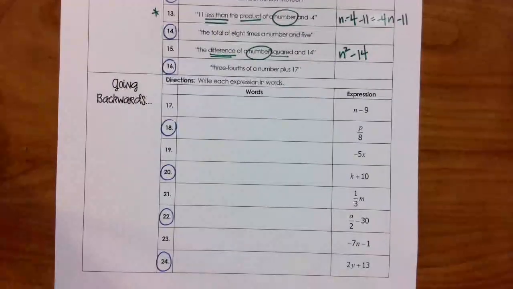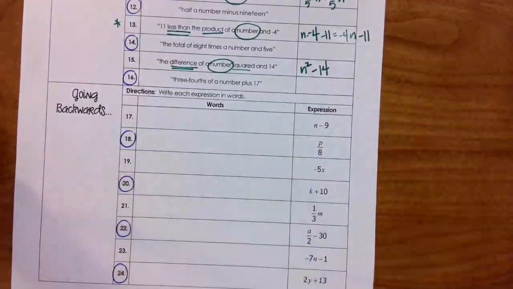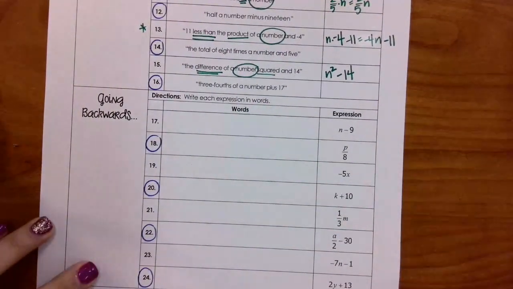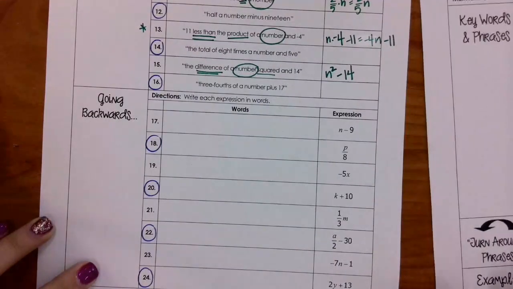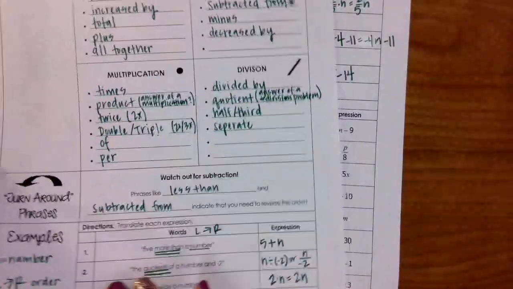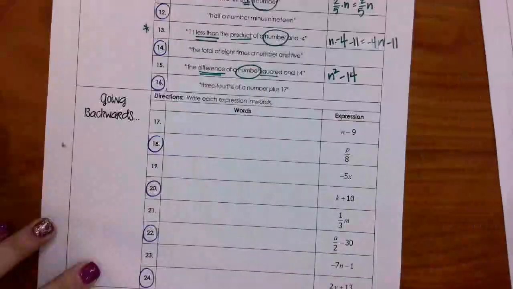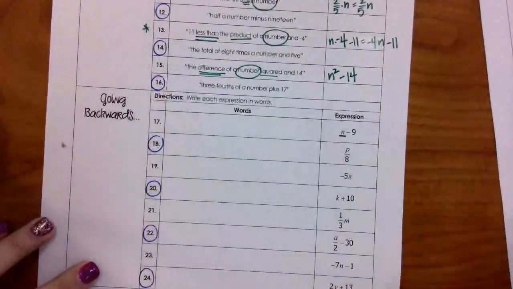Now, what happens if we are given the expression and we want to put it into words and go the other direction? If you look at this, this is n minus 9. What's great about this is there's some creativity, so I can say a lot of different things. If I look at my word chart, I can figure out different ways to say this. What's important is you understand that this is a variable, so it needs to represent something.